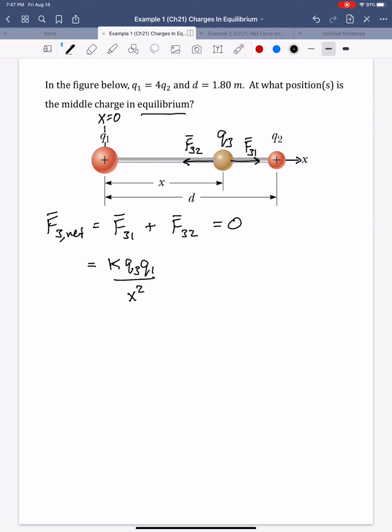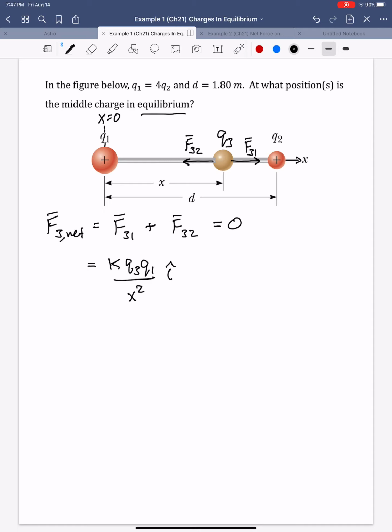And which direction is that? That's to the right, so we can call that i hat. That's our unit vector notation. I had a small brain fart there.